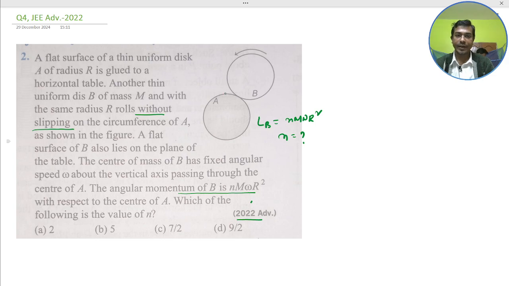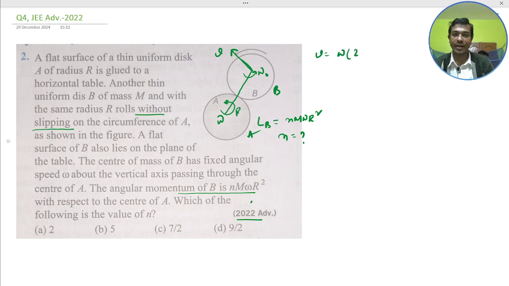So here, suppose this is a joint, and here the omega, and here is the omega naught, and here the velocity is v. This is for A and B. So first of all, you just know that v equal to omega r.